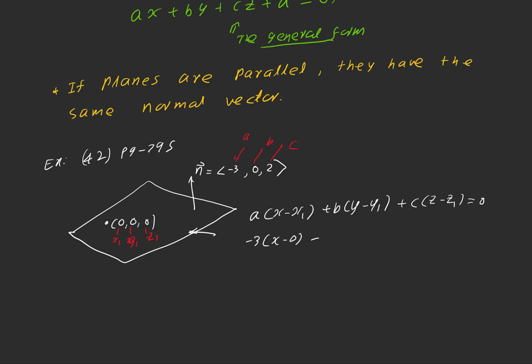B is 0, therefore it becomes 0 times y minus 0, plus C is 2 times z minus 0 equals 0. So the answer is negative 3x plus 2z equals 0.